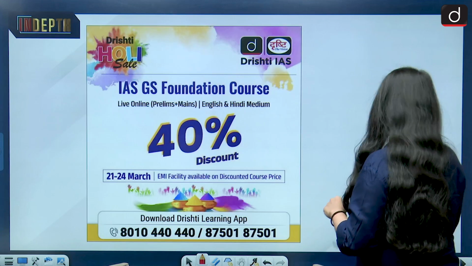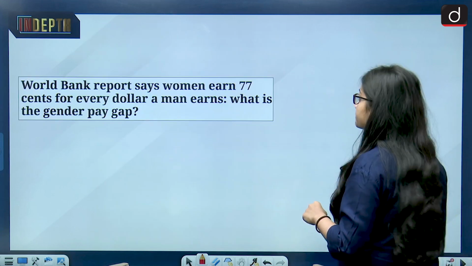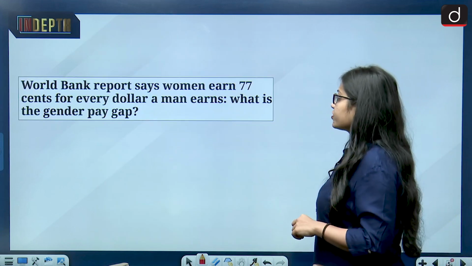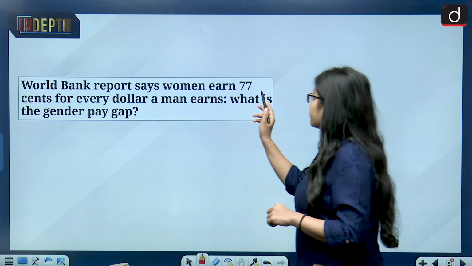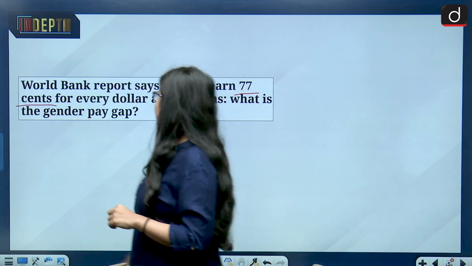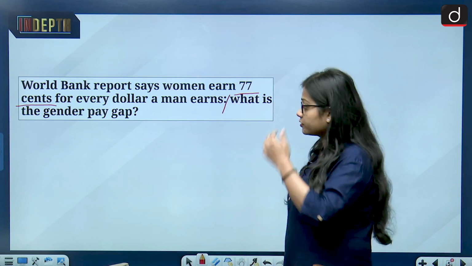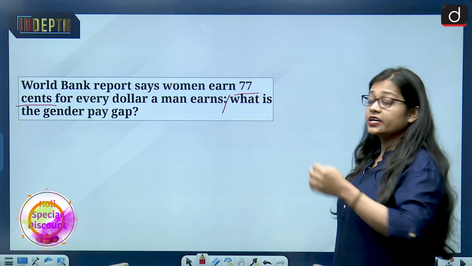So the news says: World Bank report says women earn 77 cents for every dollar a man earns. What is the gender pay gap?